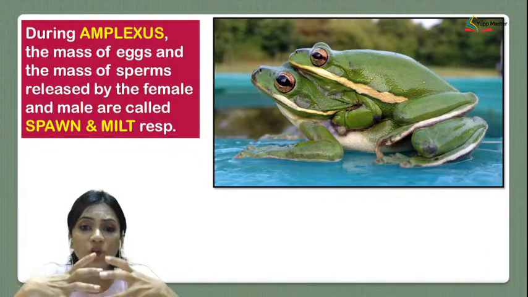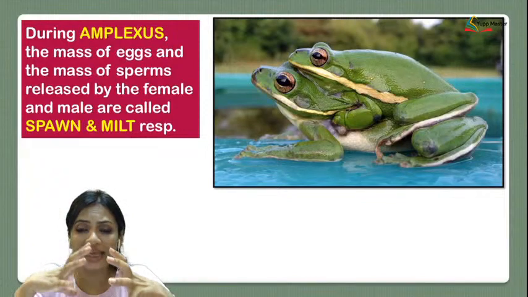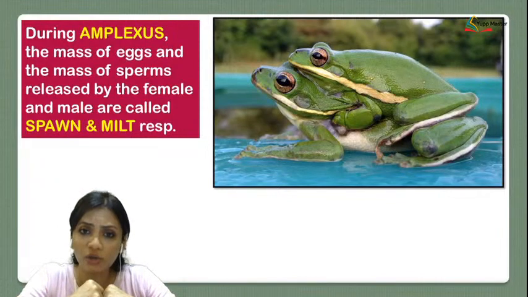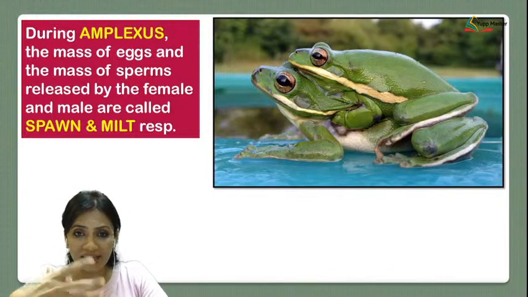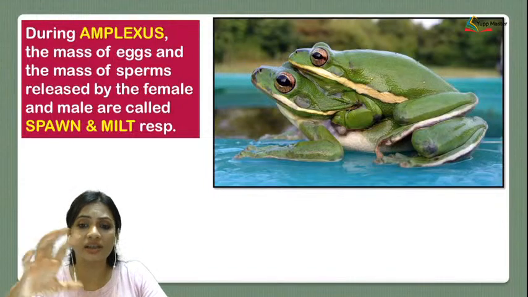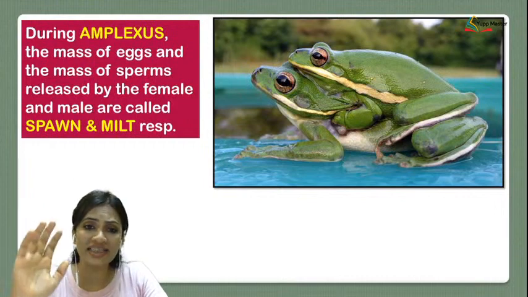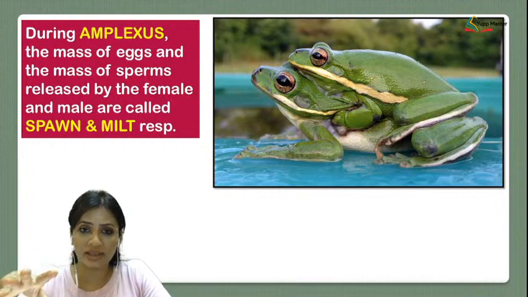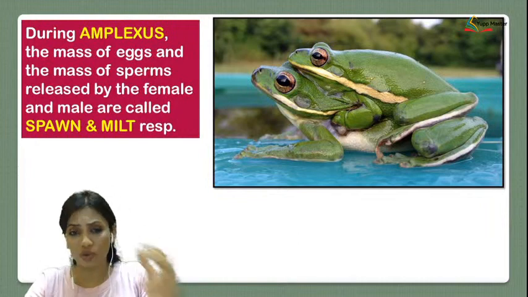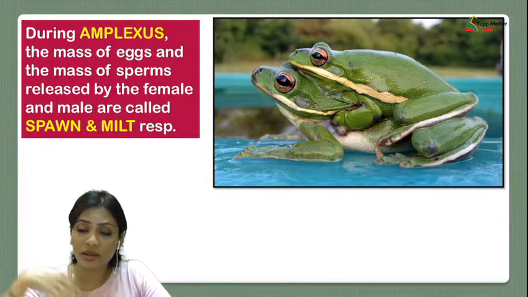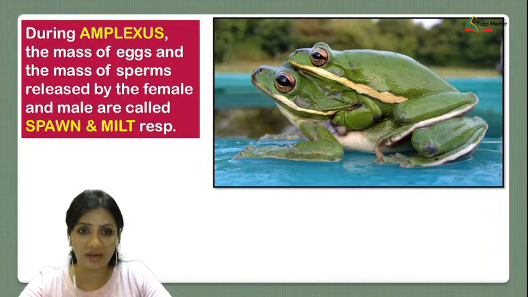Okay, so that copulatory pad is allowing that male frog to hold on to the female frog during mating. Okay, and the position that the mating is happening in is called as amplexus.